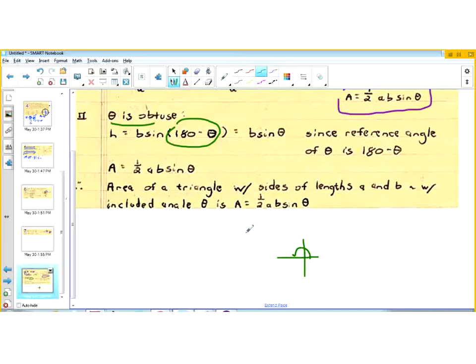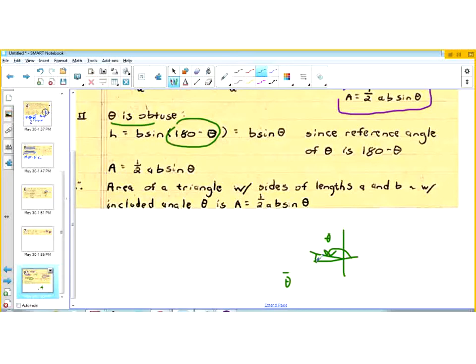So if we have an angle like this, with the terminal side somewhere in quadrant 2, here's my theta. Then the reference angle for this theta, the theta bar, is this angle.